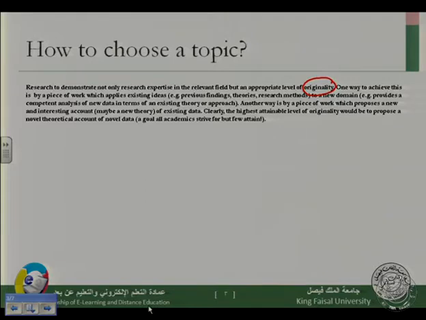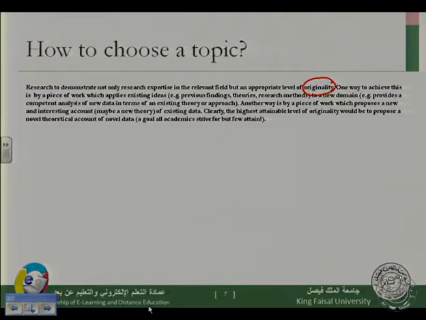Other people researched, for example, English language teachers in a way, but you are going to research it in a different way. They use, for example, questionnaires, interviews, but no, you are going to use, for example, observations. You are going to find new ways to research that. This is originality. It does not mean that you are going to choose something very, very different from others.